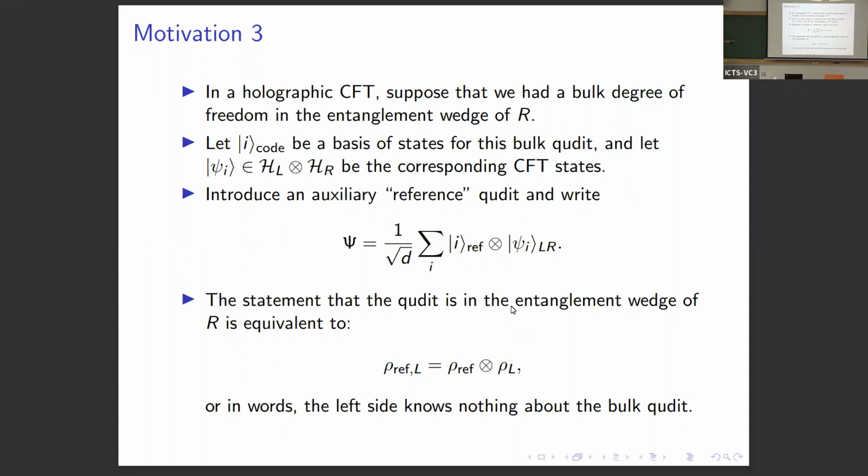L knows nothing about the reference. That's the statement. So this is L. This is R. Let's say there's some qubit here, and I'm introducing a reference system, which is, let's say, outside. It's some auxiliary thing. And then I'm maximally entangling this qubit with the reference system.